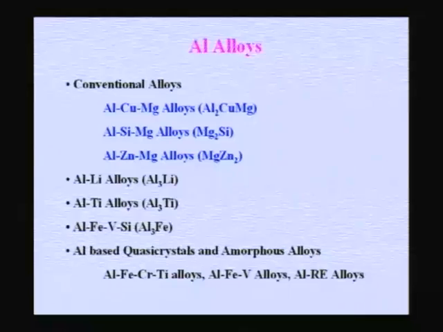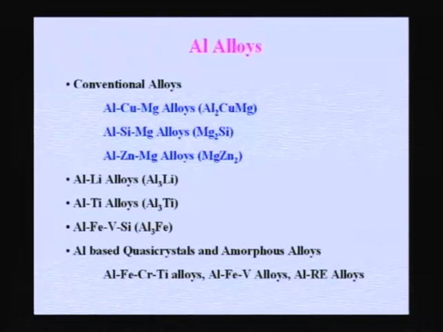And in addition to this, if you want to add some precipitation hardening to it, people add a small amount of magnesium. Usually about 0.3% of magnesium is added to the aluminum silicon alloys to give you what is called the Mg2Si phase, and that gives you some precipitation strengthening in these aluminum silicon magnesium alloys. Whatever we have talked about so far are basically the conventional alloys.